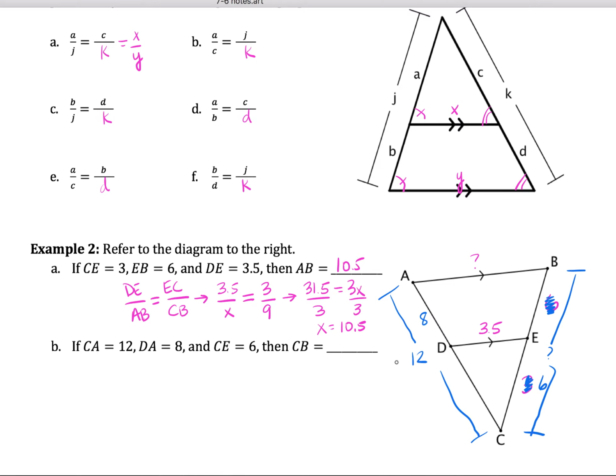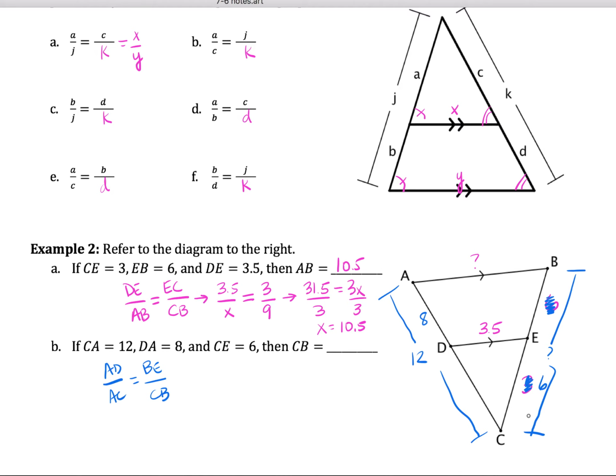Length of CB. And so what we notice is if we have this side right here, DA, and the whole thing, AC, we'll make a ratio out of those, and we'll realize that would be equal to the ratio of BE over BC, or CB. I'll put CB.